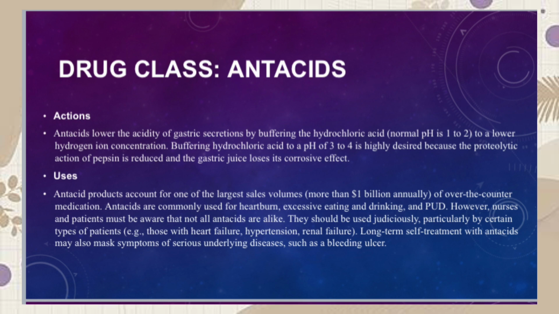Uses: Antacid products account for one of the largest sales volumes, more than 1 billion annually, of medication that may be purchased without prescription. Antacids are commonly used for treatment of heartburn, excessive eating and drinking, and PUD. However, nurses and patients must be aware that not all antacids are alike.